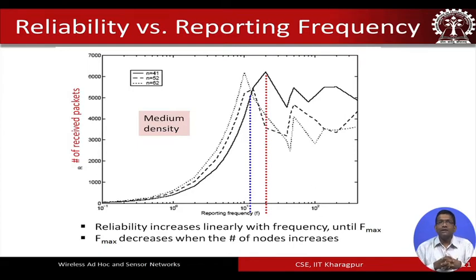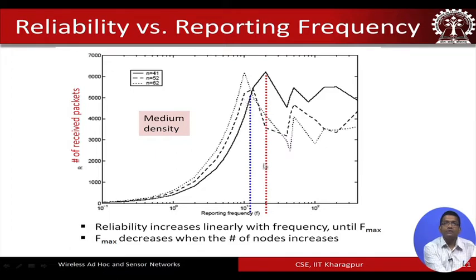We observe that as the number of nodes increases, the peak that is obtained also shifts leftwards. Leftwards means that we have reduced reporting frequency and a reduced number of received packets.